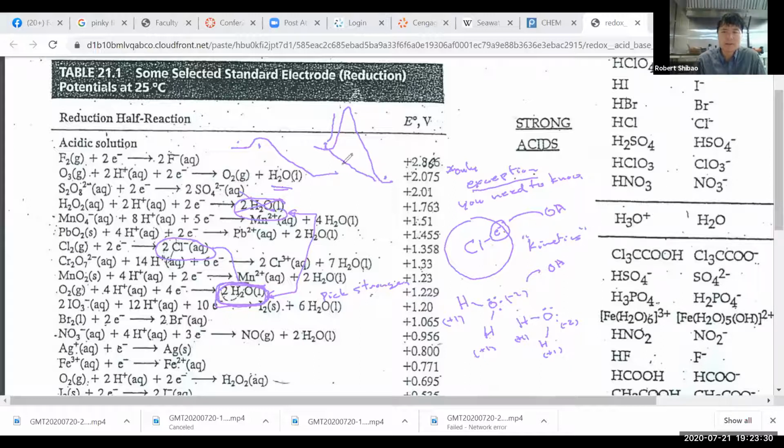Thermodynamics is just energetics, looking at where you start and where you end, not how big of a hill you had to climb to get there. Kinetics is looking at how big the hill you have to climb. You don't have to worry about kinetics and thermodynamics just yet. We'll talk about that later, probably. And this is the only exception here.